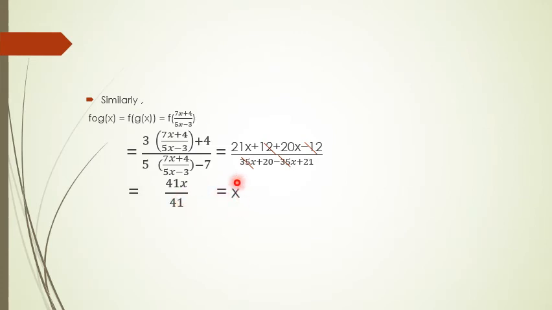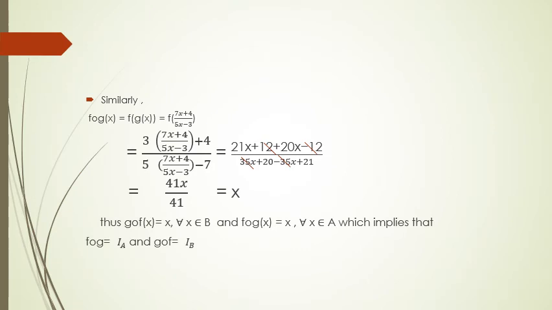Hence, we get the result as x. Here also, we got f of g of x equal to x for all x in the domain of the function f of g. That is, fog and gof both are identity functions. I think now you are clear about the identity function and composition function.